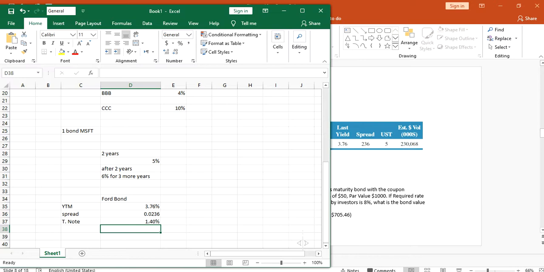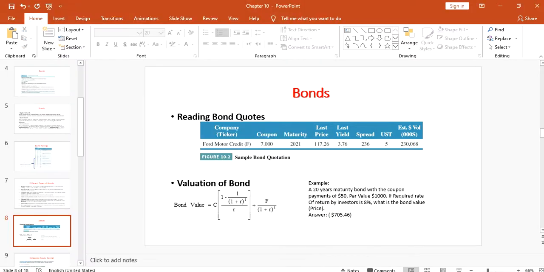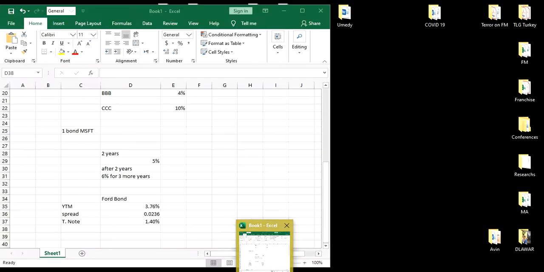So if you want to buy a government bond, you will be paid 1.40%. But if you buy a Ford company's bond, you will be paid 3.76% at this time. That's the yield to maturity, but originally you will be paid a 7% coupon. So don't get confused with yield to maturity and coupon rate and interest rate, treasury bills, or market interest rate. You will get used to them.